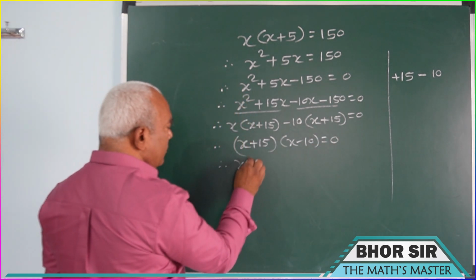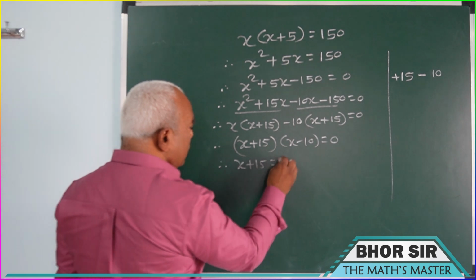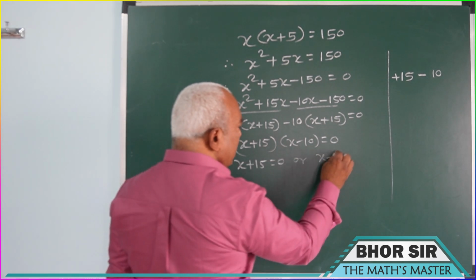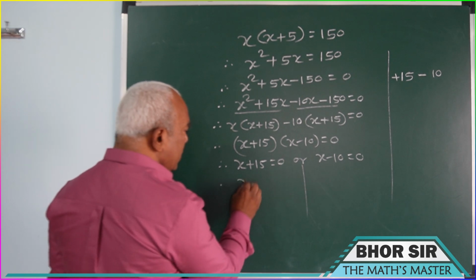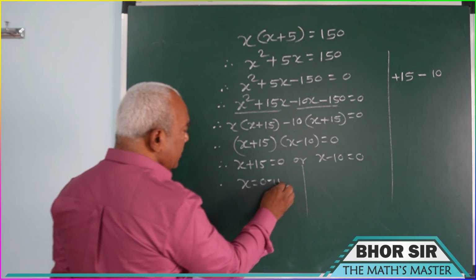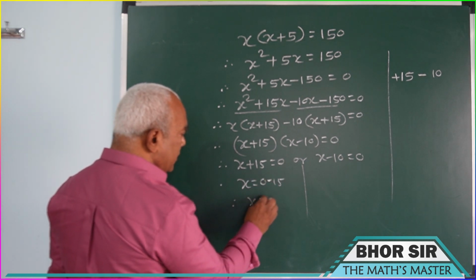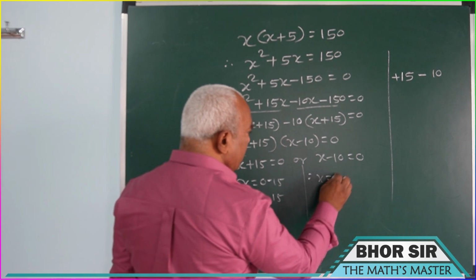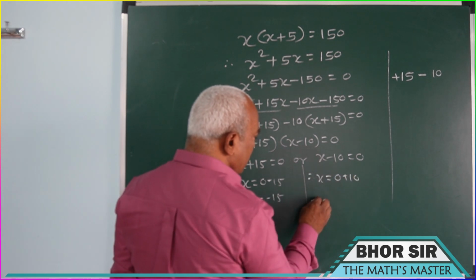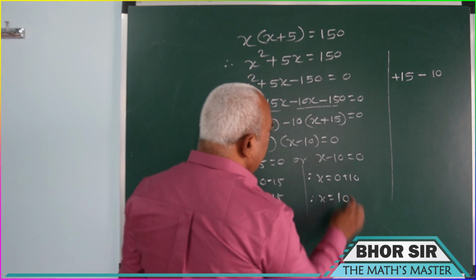Therefore, x plus 15 is equal to 0 or x minus 10 is equal to 0. Therefore, x equal to 0 minus 15, so x equal to minus 15. And x will be 0 plus 10, therefore x equal to 10.